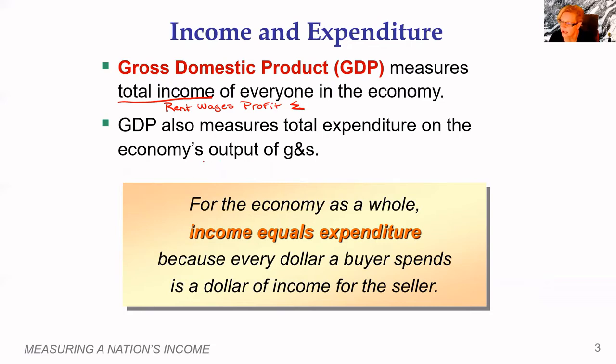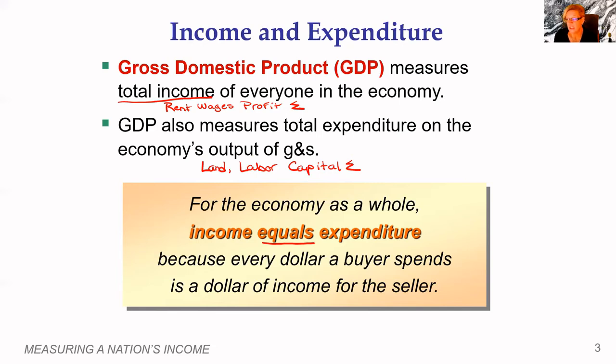Or we can take everything that is spent on land, labor, and capital and sum that up for an economy. So we can use an income approach or an expenditure approach. It doesn't matter which one we use because they're always going to be equal.